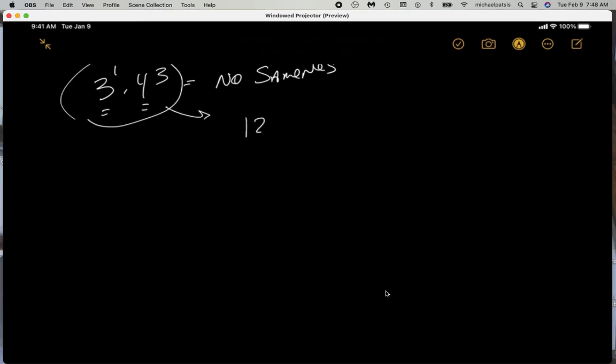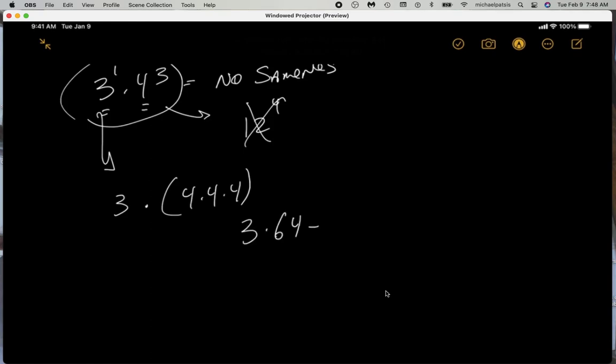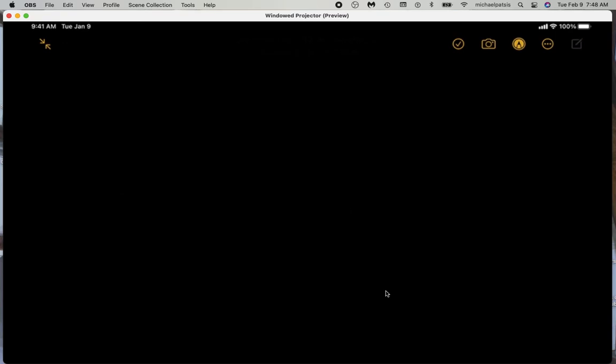Okay, you can't say this is 12 to the 4th. What you basically have to do is expand these out. 16 times 4 is 64, so you have 3 times 64 equals 192. Okay, there's no way to combine those because there's no sameness. Exponents are different, bases are different.